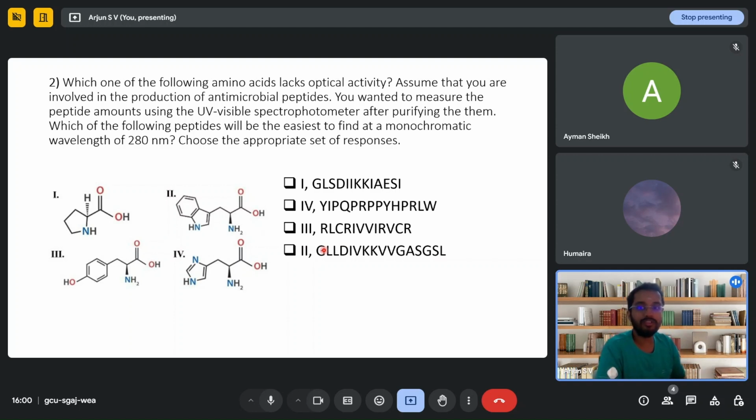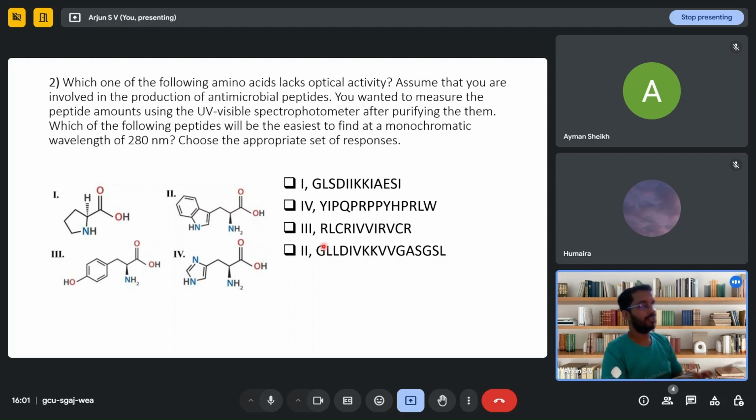Does someone want to solve this question first? Okay, if not, I'll solve the question.